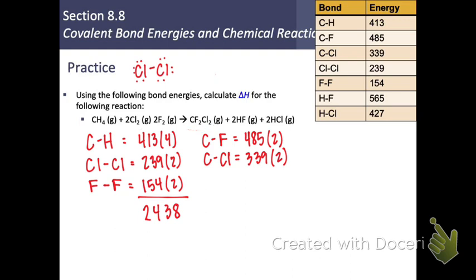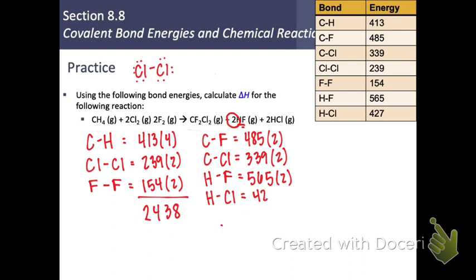2HF. Between H and F, what type of bond are we predicting here? Can hydrogen have a double bond? No. So H to F is single. How many of those bonds do I have? 2 in total, right? 1 per molecule, so that would be 2 total. And then HCl would be the same, a single bond between H and Cl.